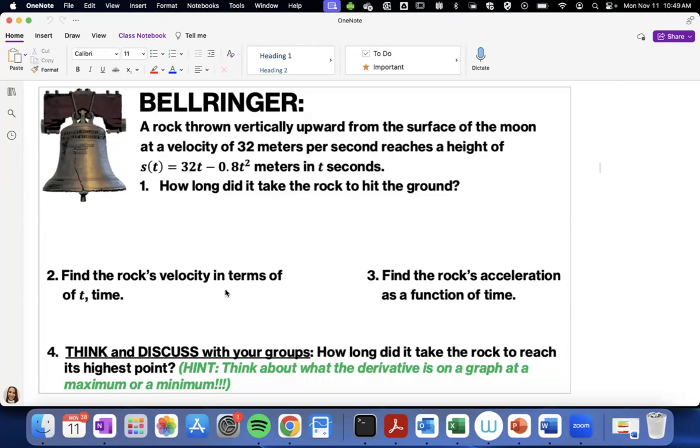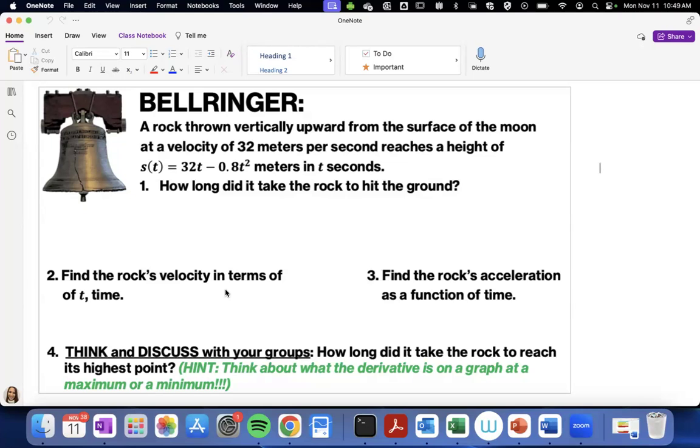But okay, a rock thrown vertically upward from the surface of the moon has this position in meters for t seconds. How long did it take the rock to hit the ground? If I want to know how long it took to hit the ground, what is the position when it hits the ground? Zero. It's the height of 0, right?